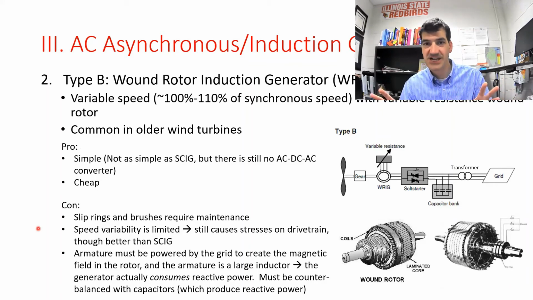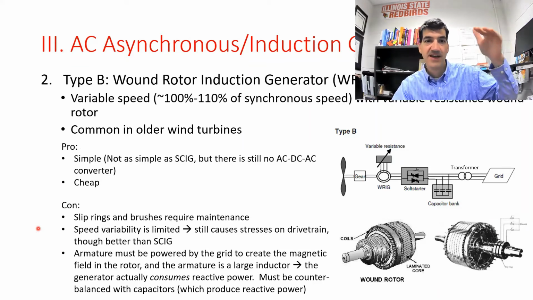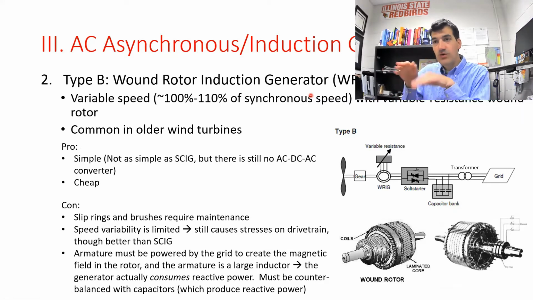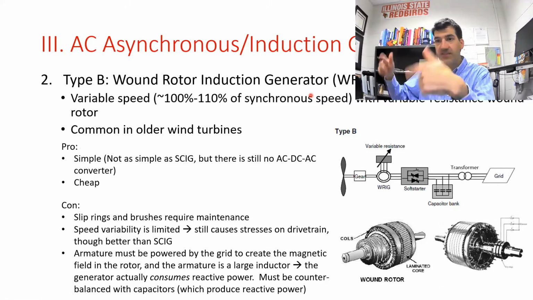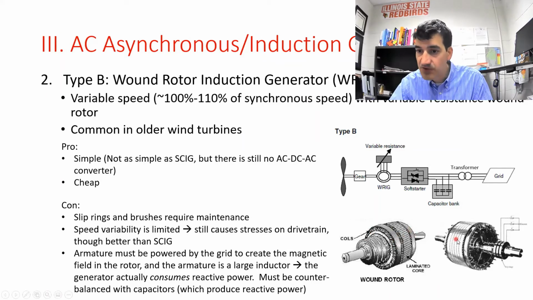Not much has changed between type A squirrel cage induction generator and type B wound rotor induction generator, except what has changed is the rotor of the generator. So instead of our squirrel running on the exercise wheel inside the generator, now we have coils of wire through these rotors.